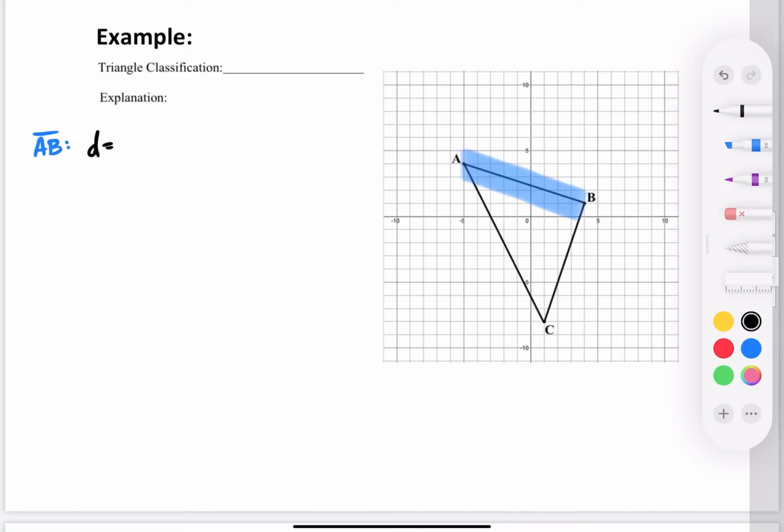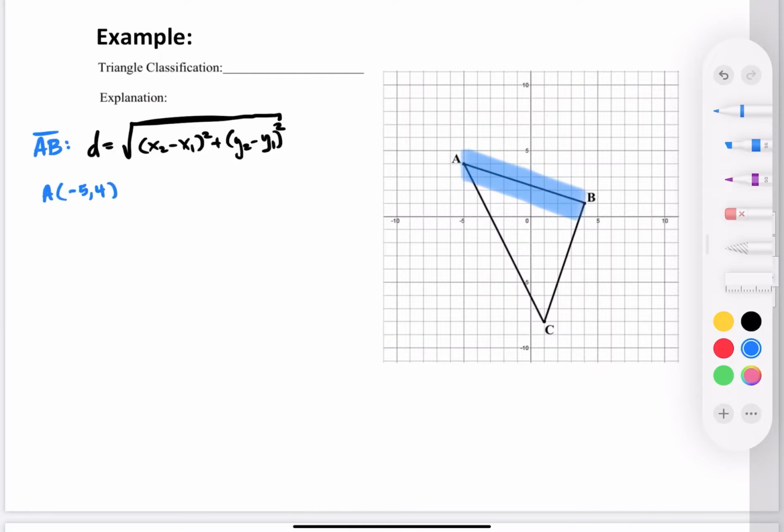So for this first one, I'm going to use the distance formula, and that distance formula is d is equal to the square root of x2 minus x1 squared plus y2 minus y1 squared. Okay, so we're going to use the distance formula, which means I need to know the ordered pairs of A and B. So point A is going to be located at (-5, 4).